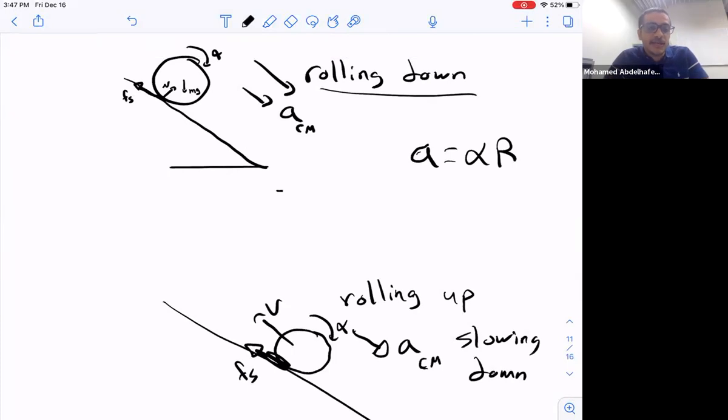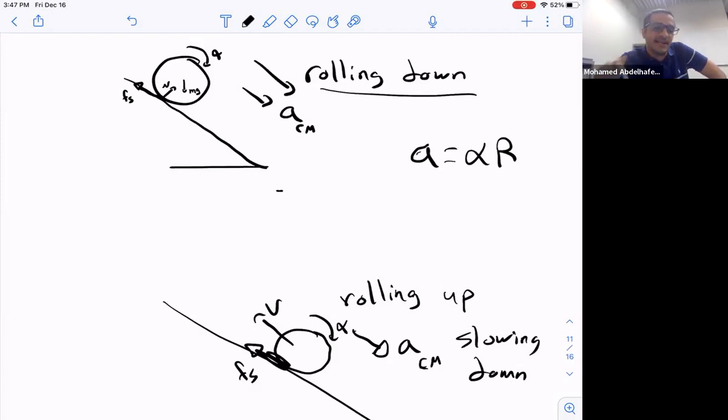In rolling without slipping, to find the direction of static friction, just find where alpha should be to follow A. So start by thinking, where is ACM? Match alpha to it, as needed for rolling without slipping. Then you can see which way static friction should point to create that alpha. So here static friction has to go up to create the alpha clockwise about the center of mass.